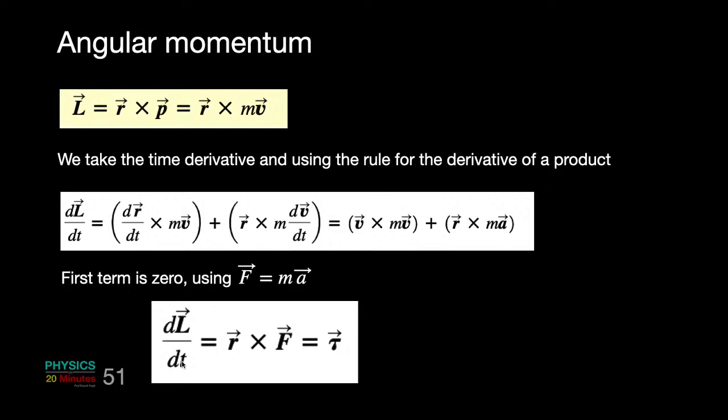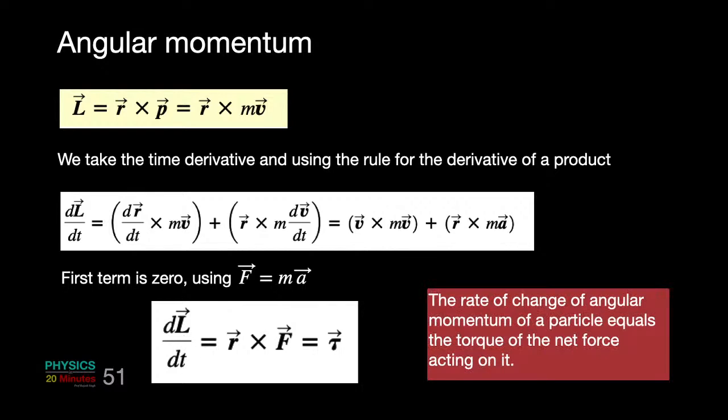We have written the second form of Newton's second law as force is equal to rate of change of linear momentum. Here, torque is equal to rate of change of angular momentum. So, rate of change of angular momentum of a particle equals the torque of the net force acting on it.